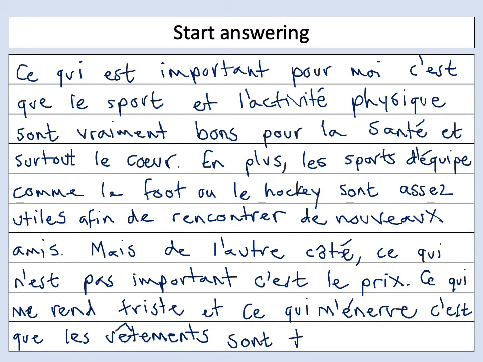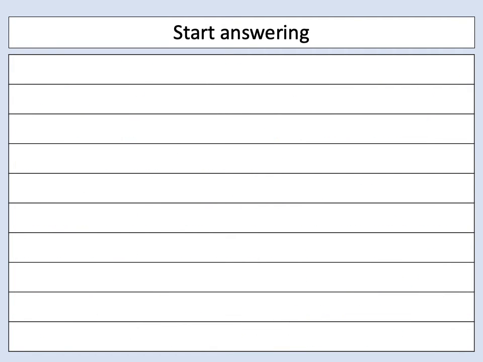However, let's say too expensive, so trop cher, and guess what I'm going to do? I'm going to put an S on the end of this too, because we're talking about clothes. And little phrase that we hopefully know, for, so pour, and then tout le monde, everyone. Tout le monde.